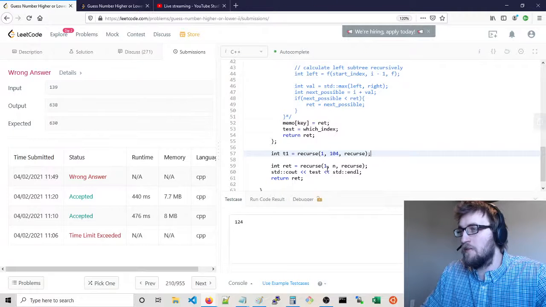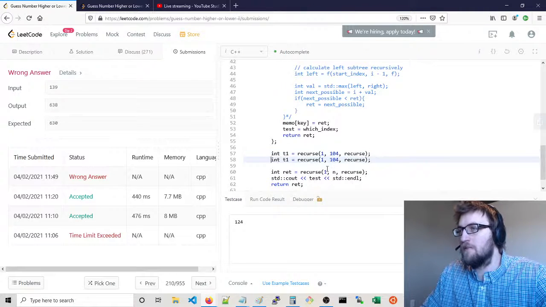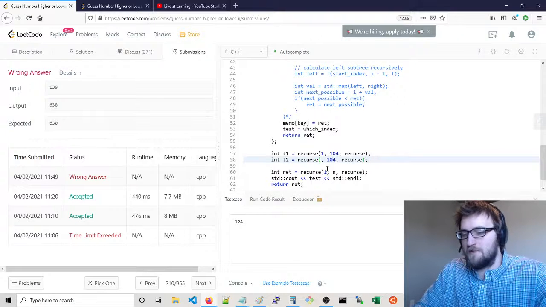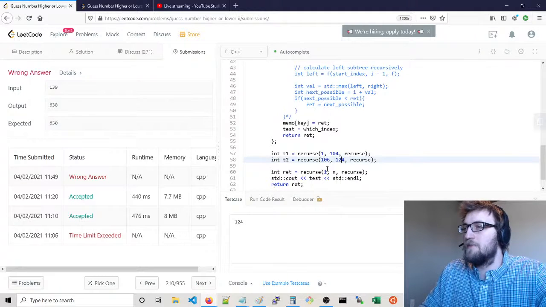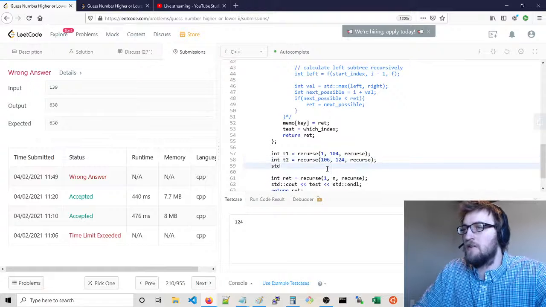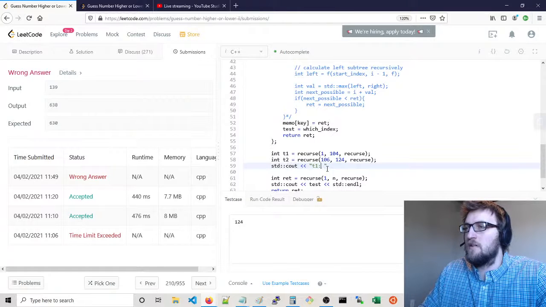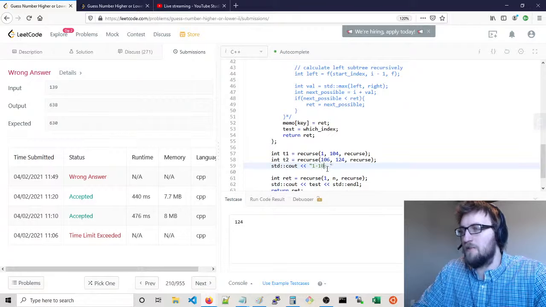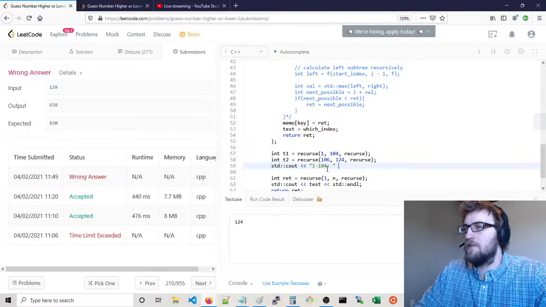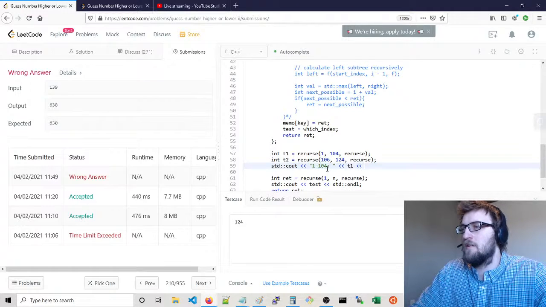104. 106 to 124. This is 104, 1 to 104, and 106 to 124.